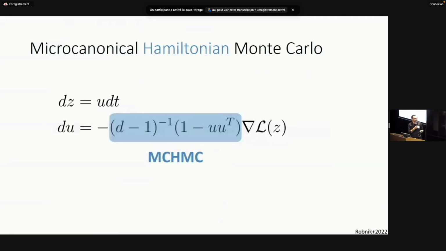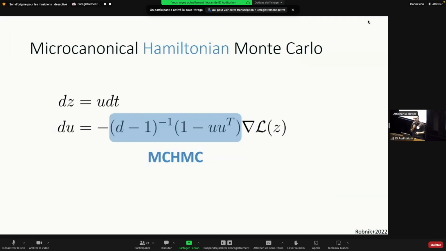And mathematically speaking, what microcanonical Hamiltonian Monte Carlo is doing is adding this extra piece to the equations of motion. Here, z is the position and u is the velocity. So in standard Hamiltonian Monte Carlo, the velocity du is given by minus the grad of L. But in microcanonical Hamiltonian Monte Carlo, you have this extra piece, which depends on the dimensionality d, and also this projection operator of the velocities, which projects the gradient of L onto the hypersurface perpendicular to the velocity.